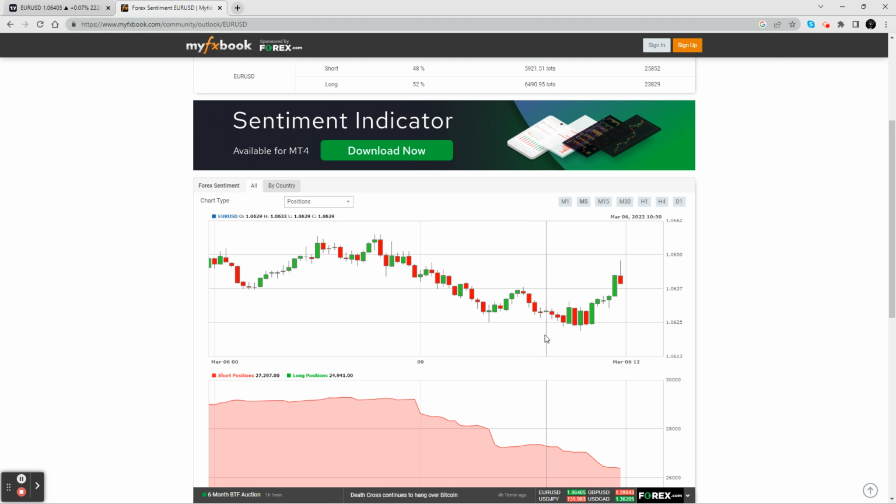When you get to a lower time frame, you do see that sometimes the sentiment shifts. For instance, this was over 27,000 shorts versus 24,000, and the shorts were temporarily in control.